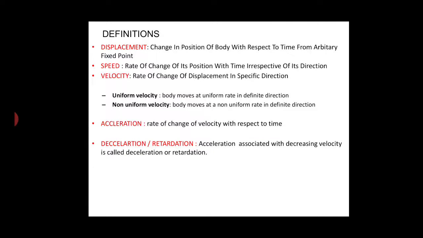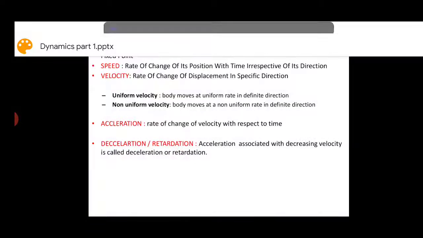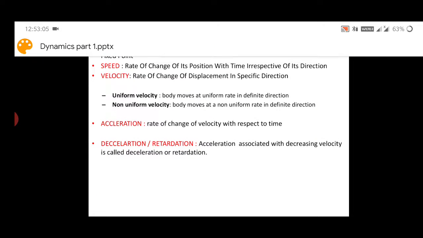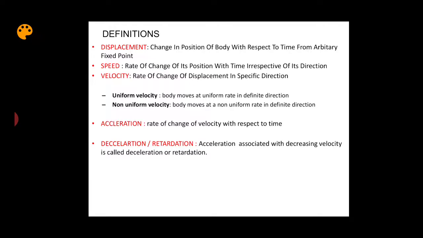So before we start with kinematics, let us go through some of the basic definitions. The first definition is displacement. So displacement is change in position of body with respect to time from arbitrary fixed point.